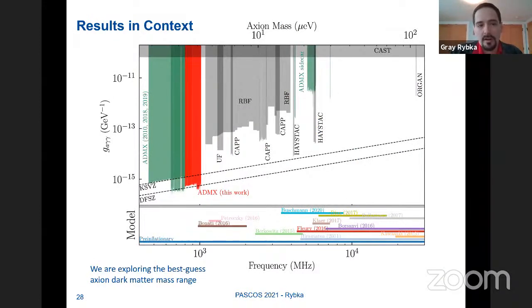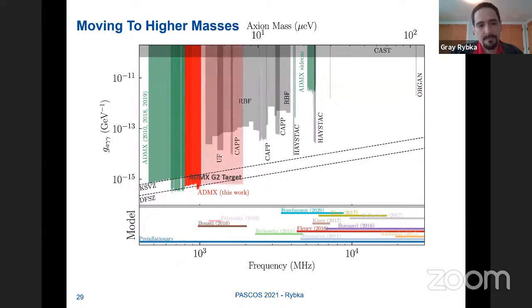Put it in a broader context, here's a coupling versus frequency or mass plot again. In this case, we've taken those model predictions and been a little bit more careful about what their suggested ranges are. And one thing we see is we're just now reaching into the lower bounds of some of these 2016 predictions, so we're excited about that. But you can see there's still a long way to go, and we still have operating plans to go to higher frequencies.